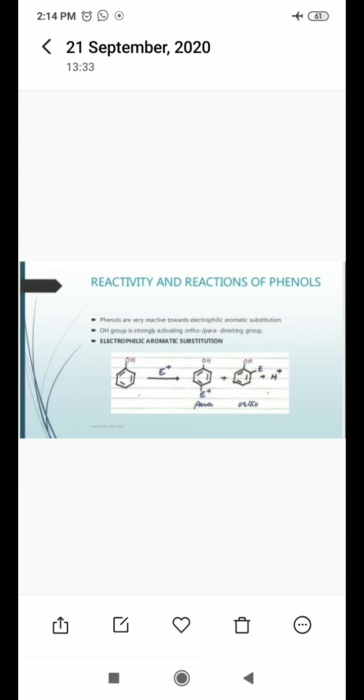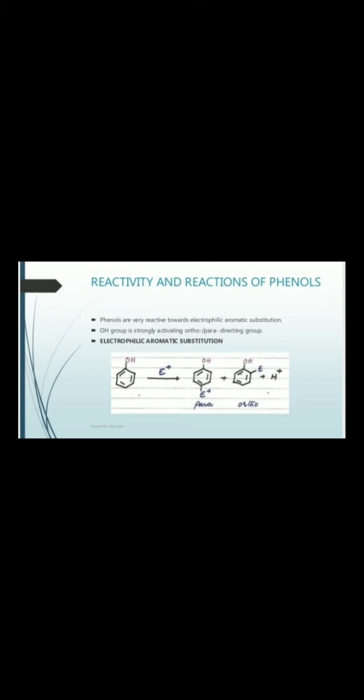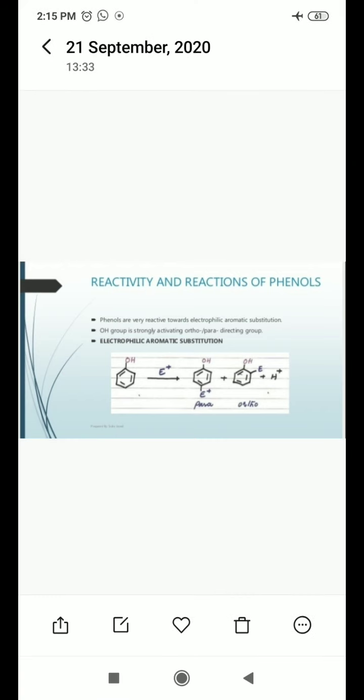We already saw that. This OH group is a strongly activating ortho-para directing group, so when any electrophile E plus attacks, it easily gives you the ortho or para substituted product with removal of H plus.